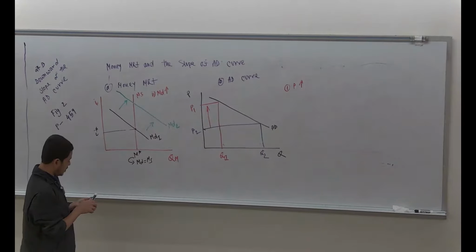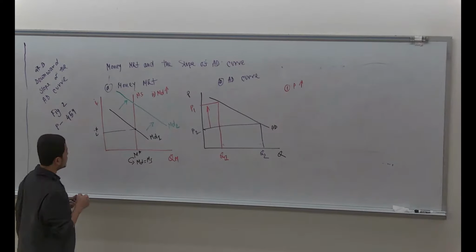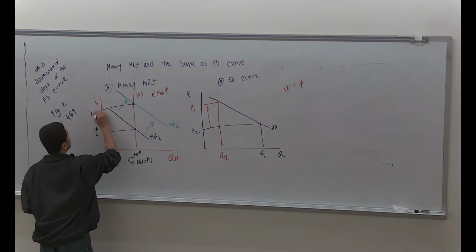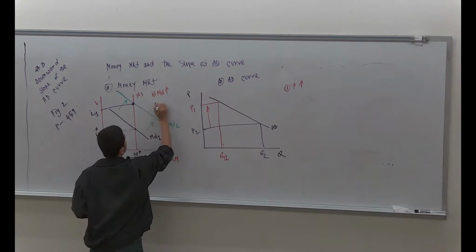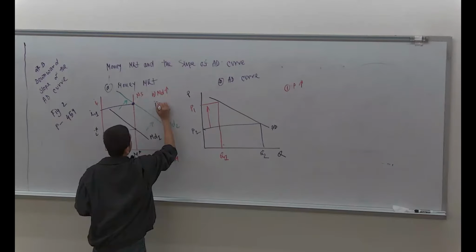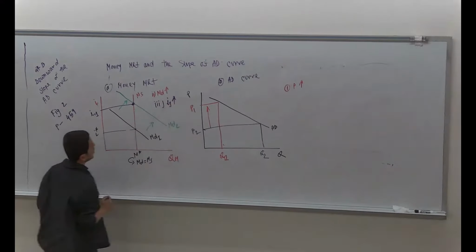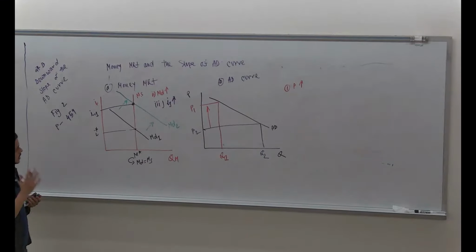Since money demand increases but the money supply is fixed, the interest rate increases. The new equilibrium interest rate is here, let's say I1. So the third effect is that the interest rate increases, because you're demanding more money but the money supply is fixed.